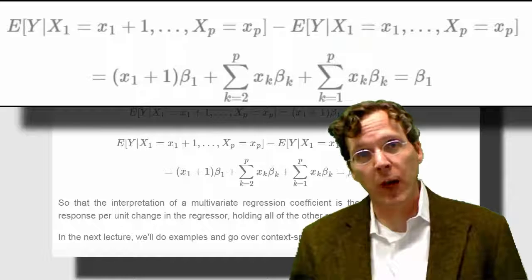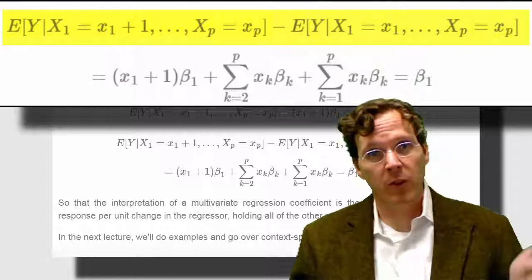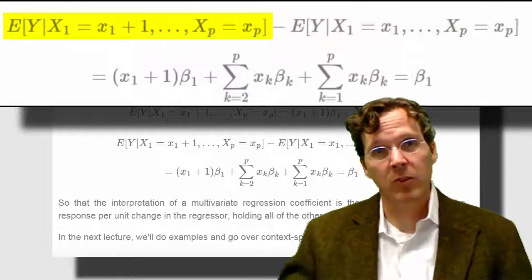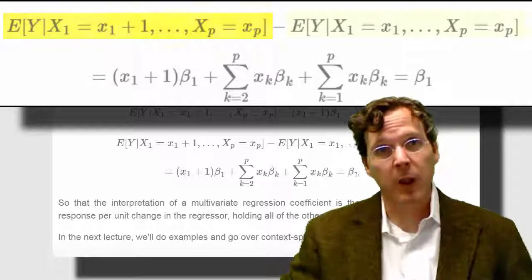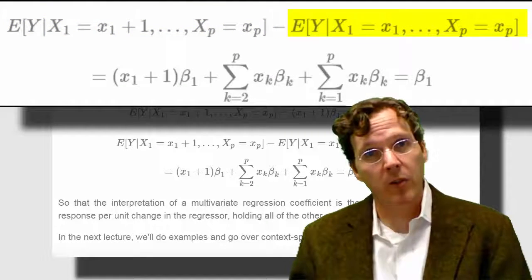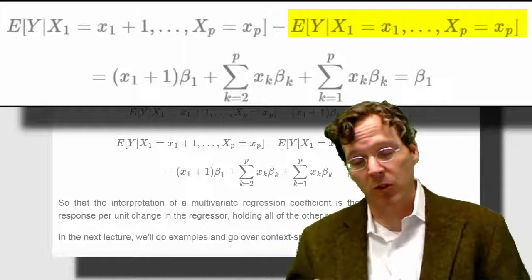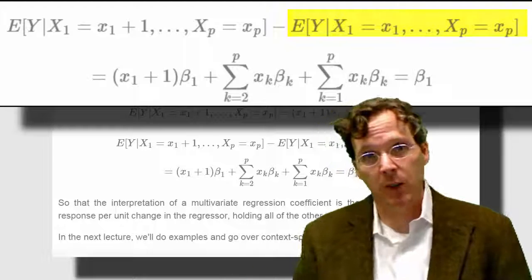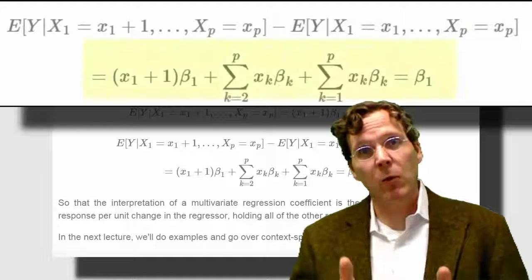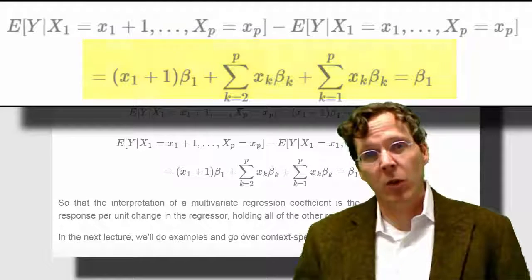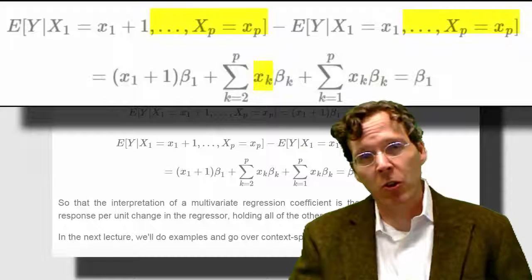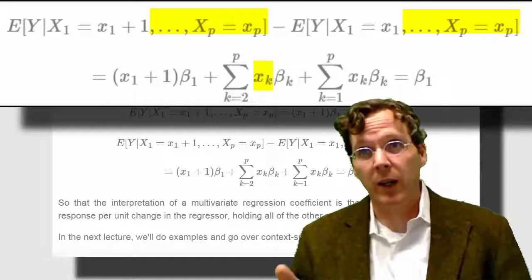So if I were to subtract these 2 terms, the expected value of the response, where the first covariate takes the value x1 plus 1, minus the expected value of the response, where the collection of covariates are just the x1 to xp values, then you'll see that that works out to be beta 1. So notice all these other x2 to xp were held fixed in all my discussion.